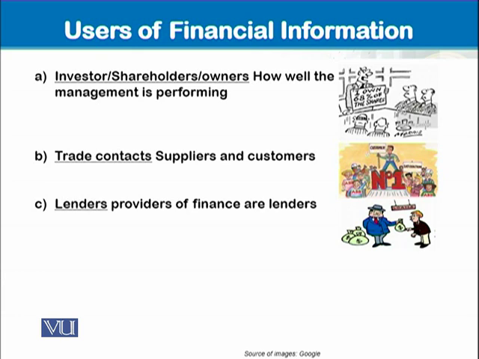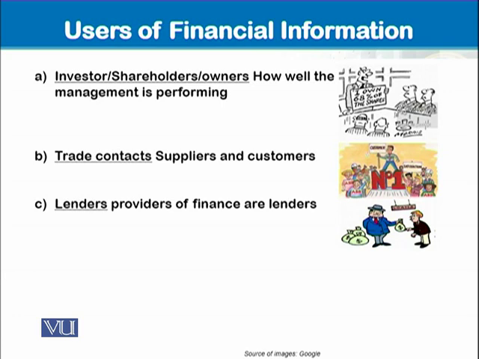Suppliers and customers are interested to know about the financial health of the entity, so that the suppliers who have supplied goods or services to the entity will get their money back. And the customers would be interested to know that the financial health of the entity is constant enough that it will be able to sell its products to the customer, which is in fact the need of the customer.